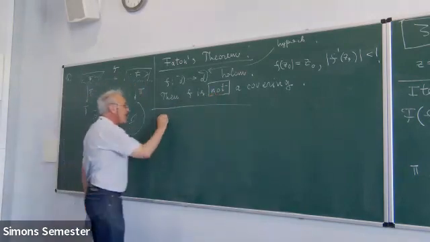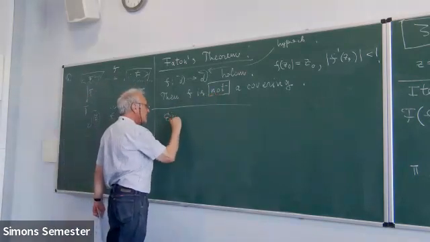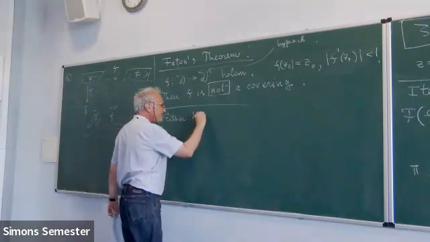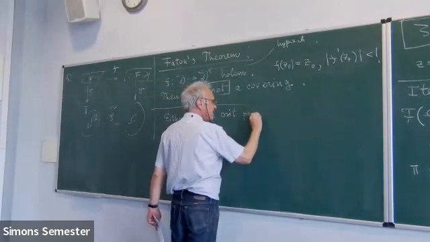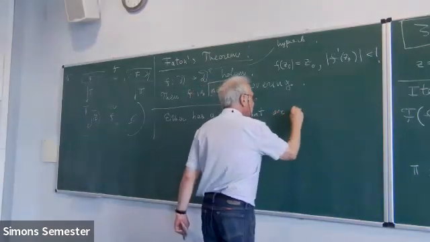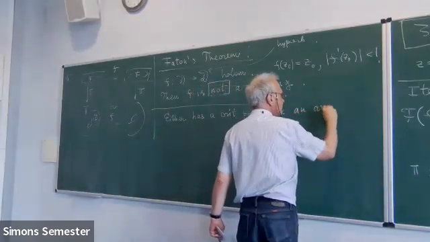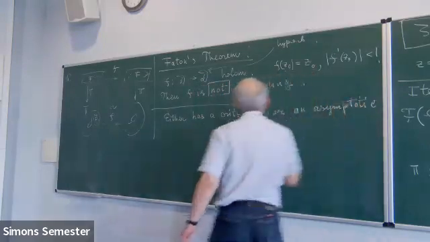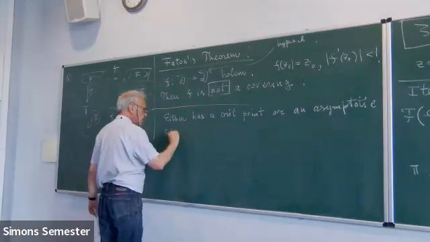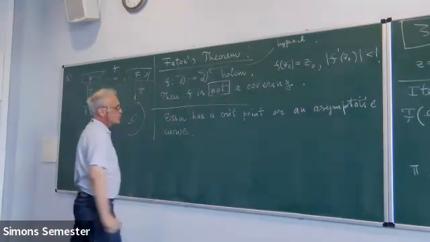So what does it mean not a covering? This means that it either has a critical point or an asymptotic curve. And what is an asymptotic curve?